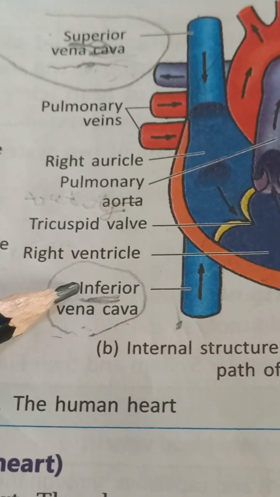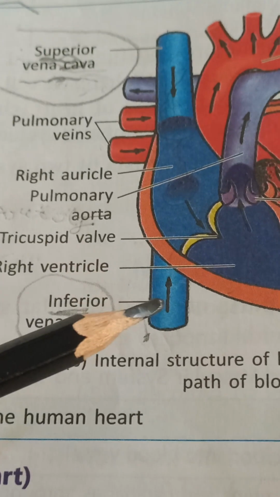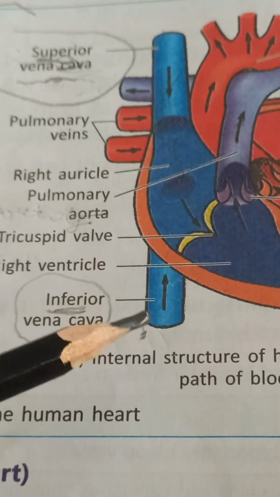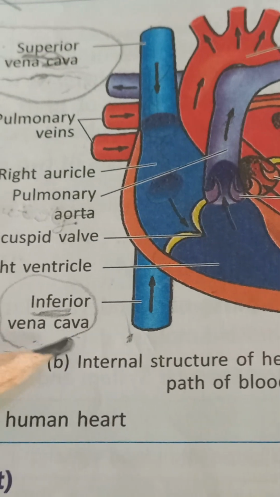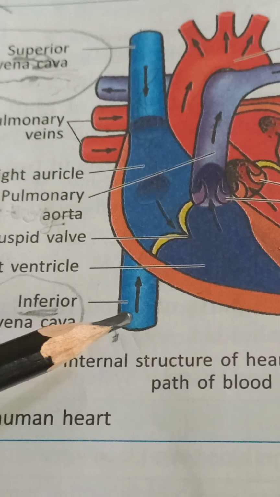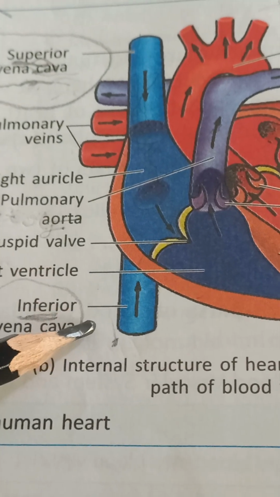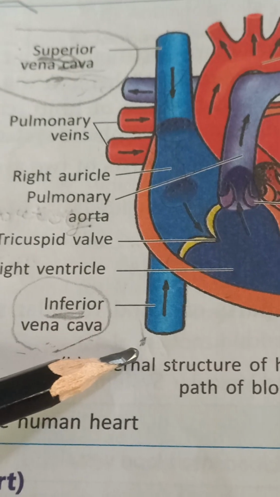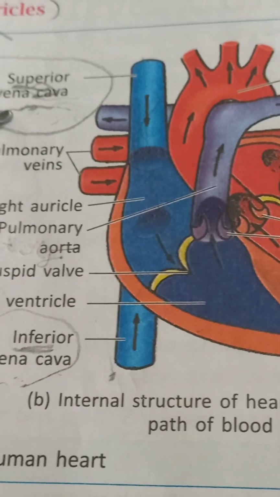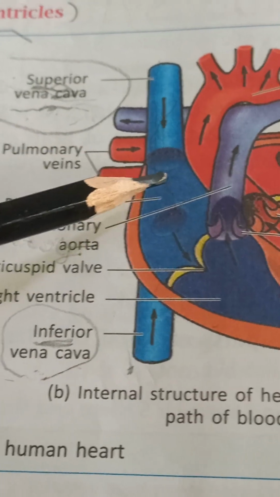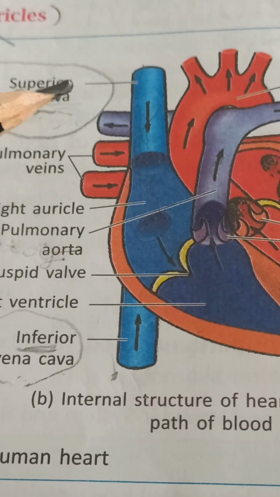Inferior means it is bringing deoxygenated blood from the lower part of your body, that is all the organs situated below the heart, say your stomach, your kidneys, your limbs and all the reproductive organs, every part of the body situated below the heart. So these are the two blood vessels that are entering the right atrium or the right auricle.